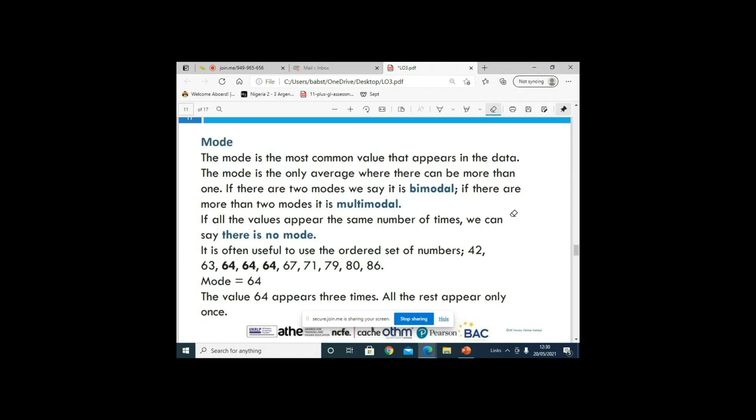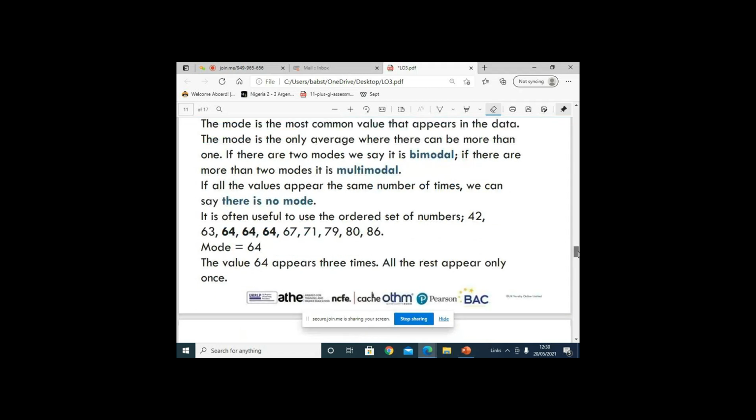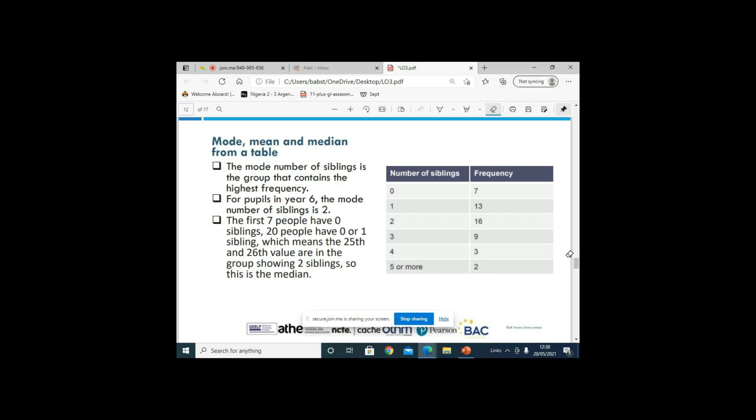So we will look at when data are presented in a table.